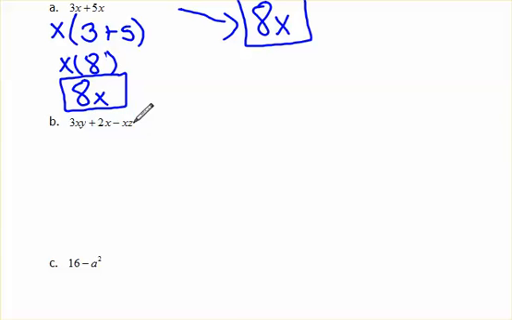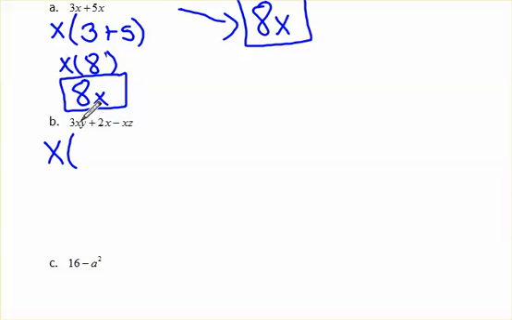In this next one, though, we have 3xy plus 2x minus xz. So we can't combine any of those terms. There's nothing that's alike. But we do have x's that are common in each term. So I'm going to pull that out, factor it, or another word would be to reverse distribute.